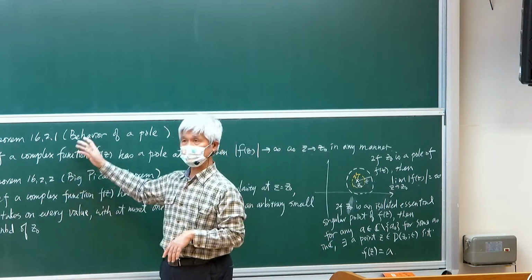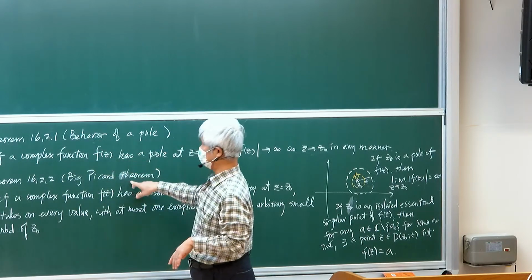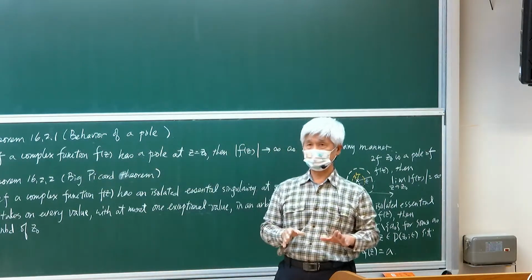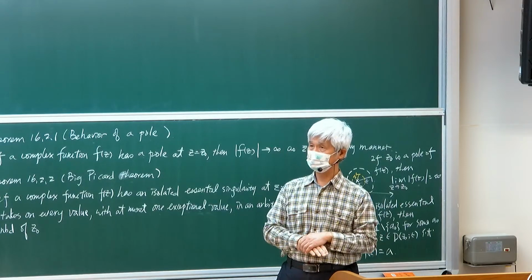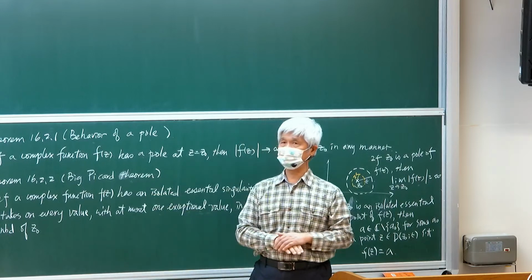So any questions about the behavior of a pole and the behavior of isolated essential singular points, as stated in the big Picard theorem?